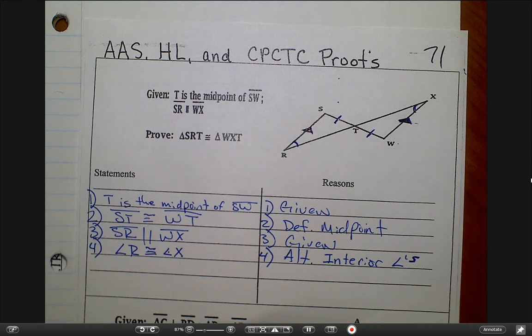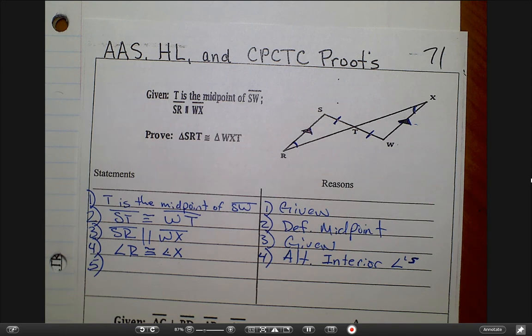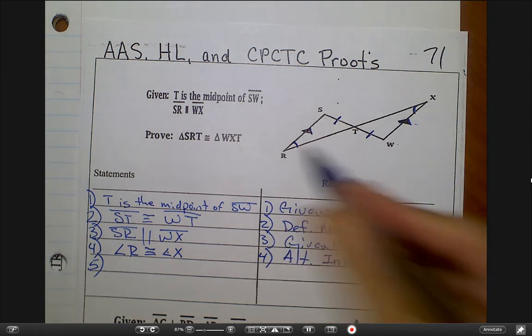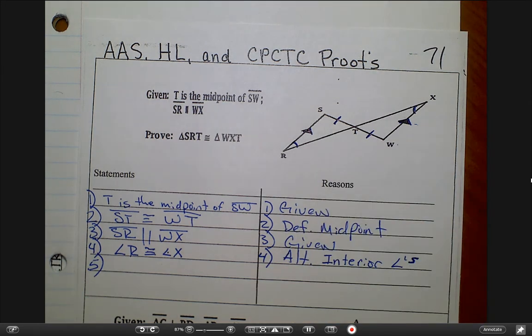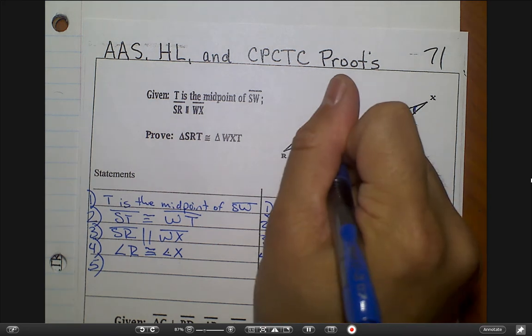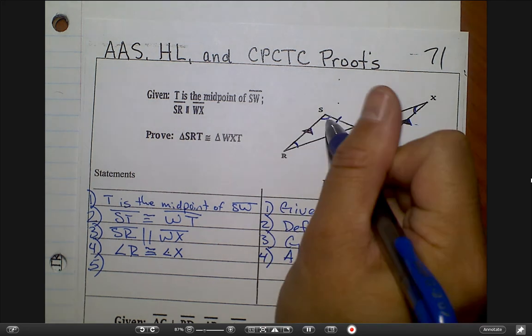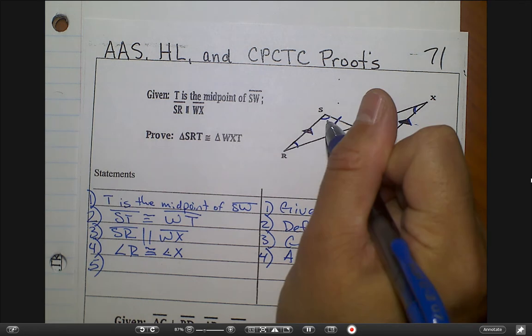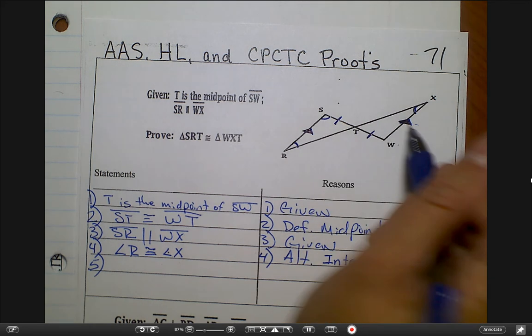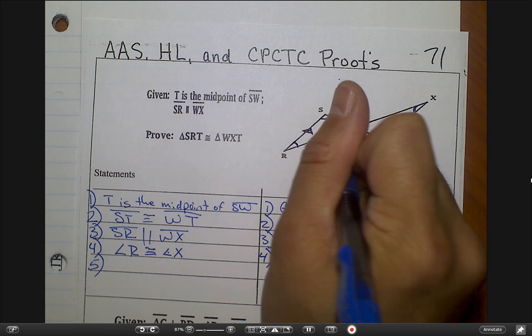Okay, 5. I have that these ones right here. Do I have anything else? S is going to be congruent to W. Now, do I put one arc in there? Two arcs, right?